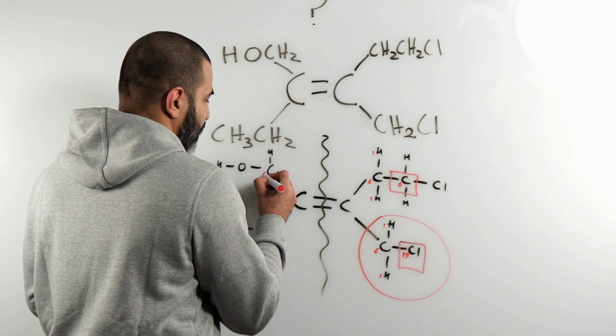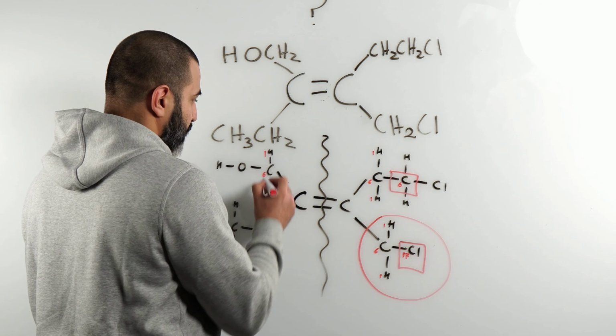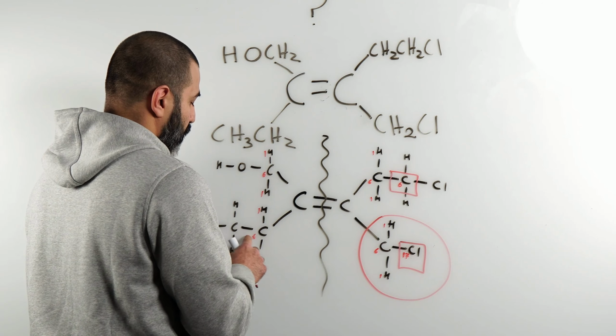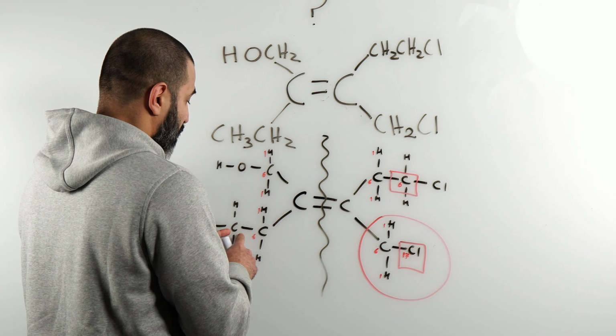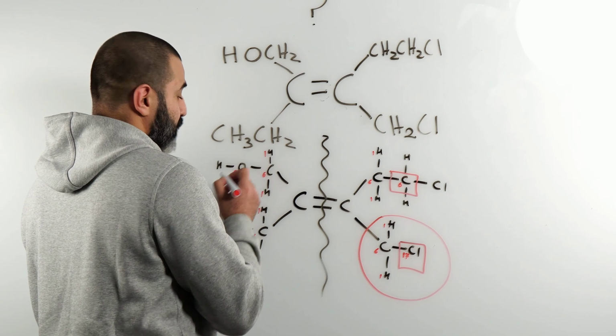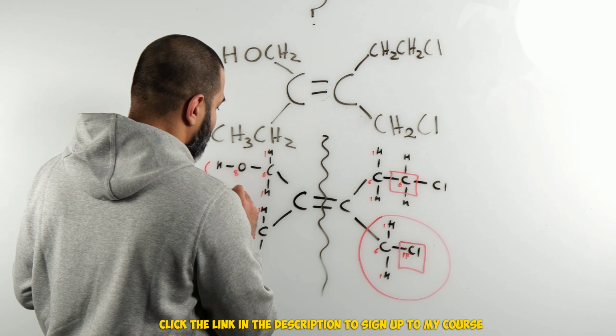So you've got an atomic number of 6 here and an atomic number of 6 here, no difference. You've got hydrogen there, no difference. Hydrogen there, no difference. Okay, if we go along one, we've got a carbon here, which has an atomic number of 6. If you go along one here, we've got oxygen, which has an atomic number of 8. So 8 wins over 6.